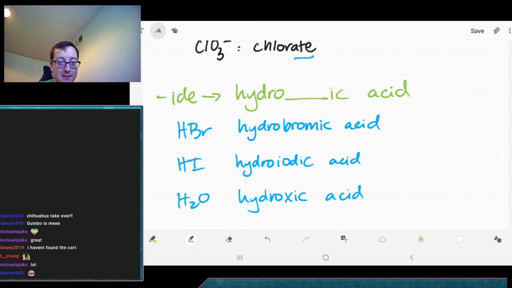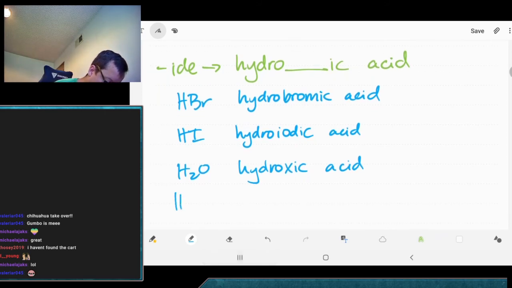Hydro-blank-ic acid. So hydrosulfuric acid, hydroselenic acid. So selenide, selenium. Selenide is the 2- form of selenium. Here, yeah, why not? We'll put that. Hydroselenic acid.